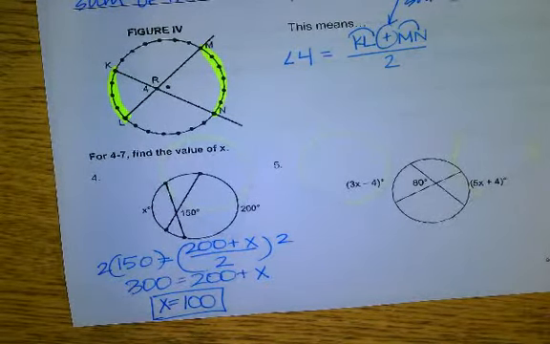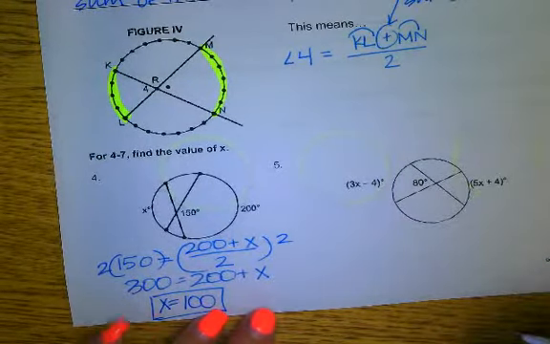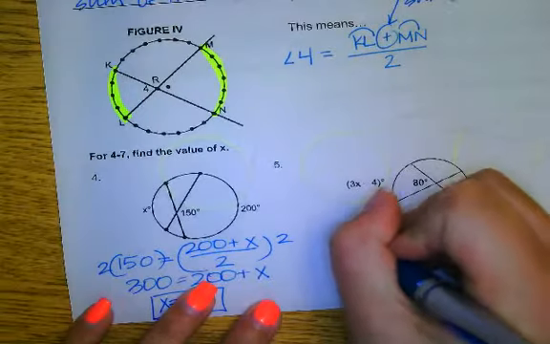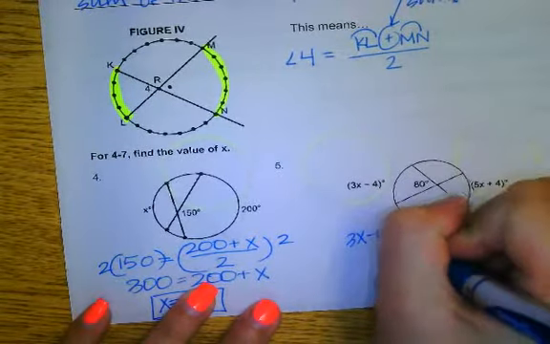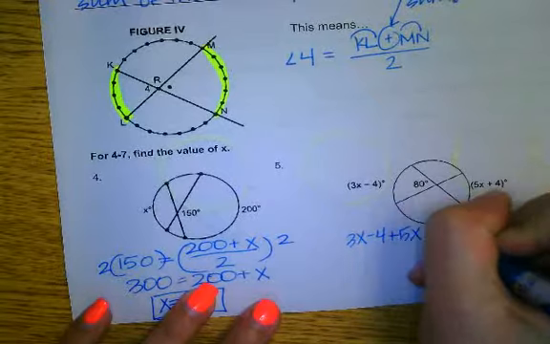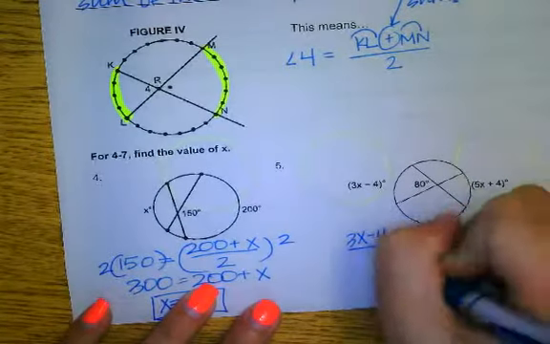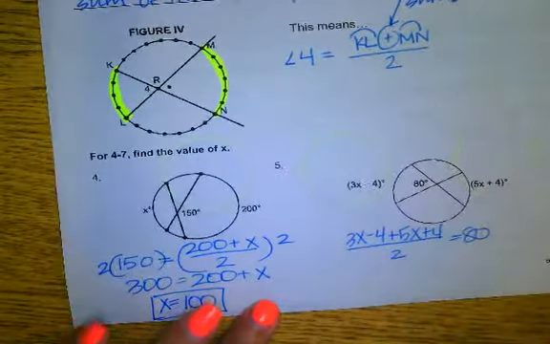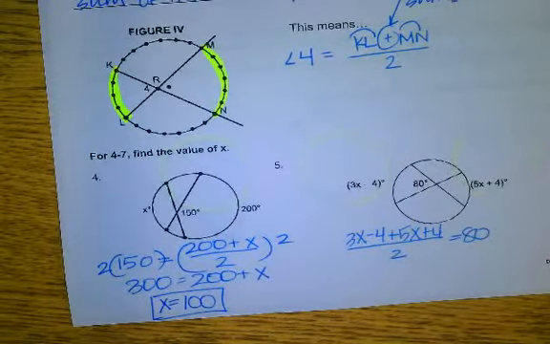Okay, number 5. How can we go about solving for x? Okay, when you're adding, you don't have to worry about putting that second piece in parentheses because everything's associated.